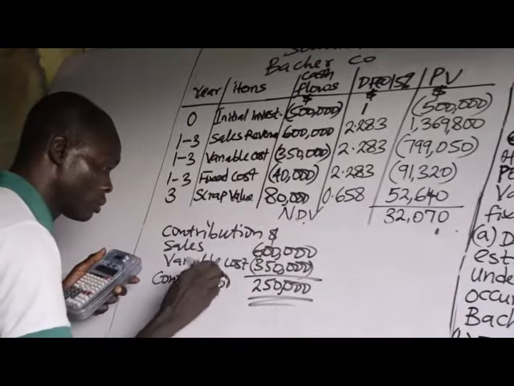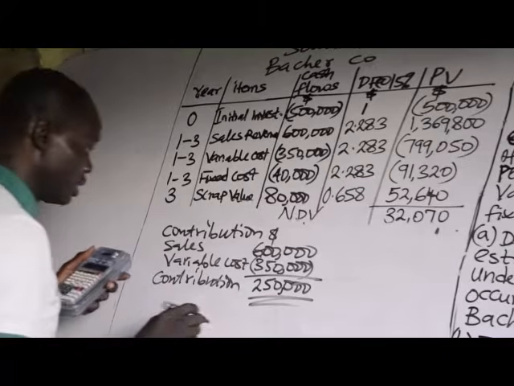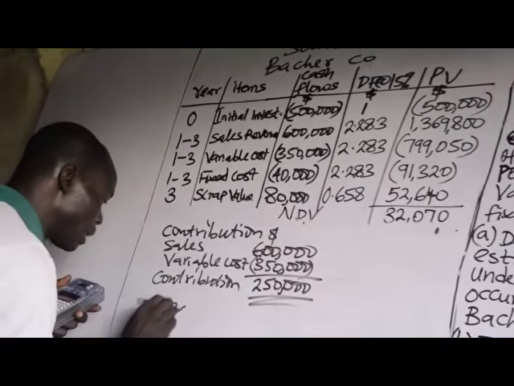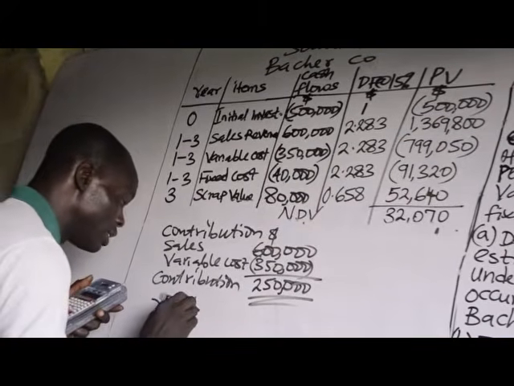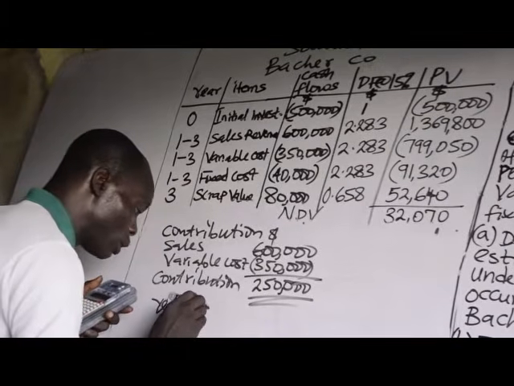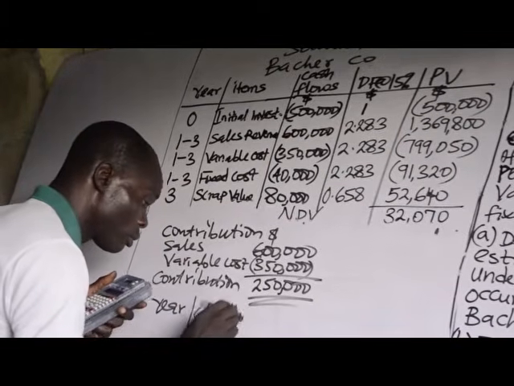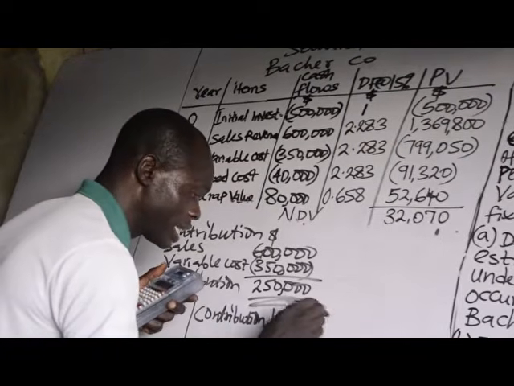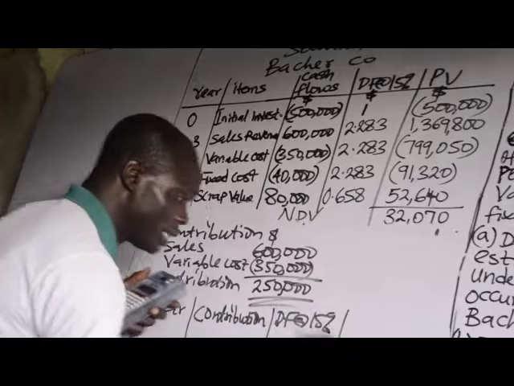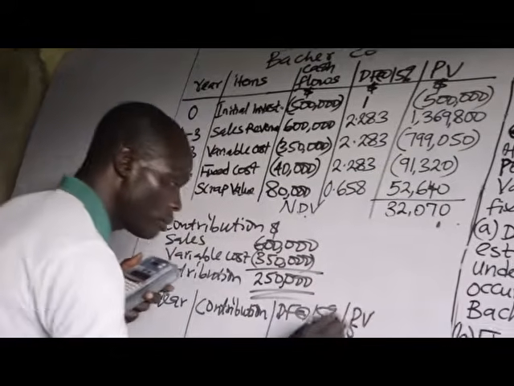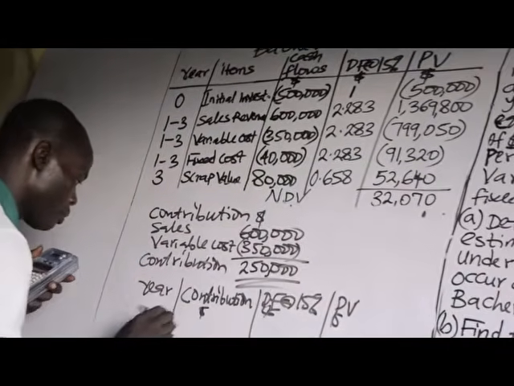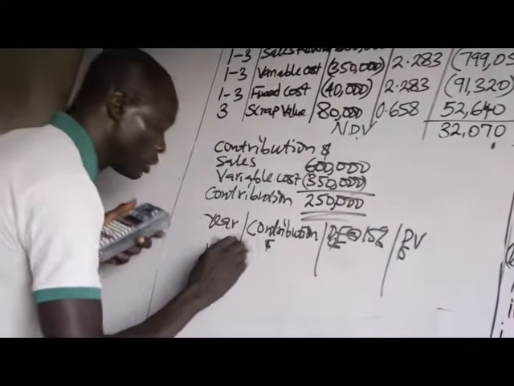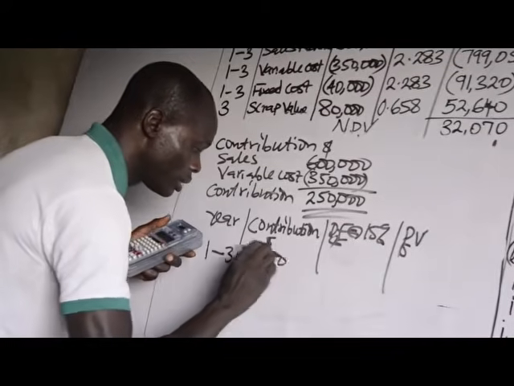Contribution amounted to 250,000. So now let's discount it in order to get its present value. You have the cash flows, which is our contribution, the discount factor at 15% cost of capital, and then the present value. The years involved are year 1 to 3. Our contribution is 250,000.